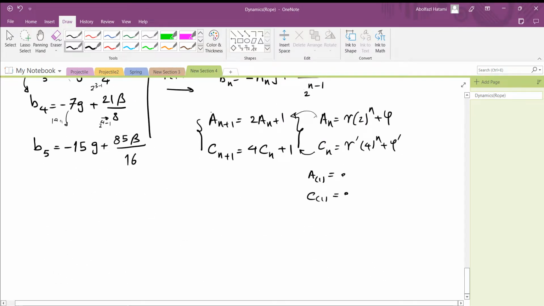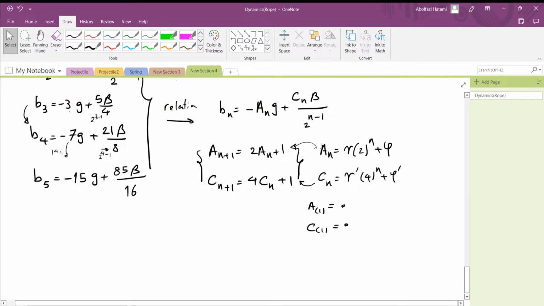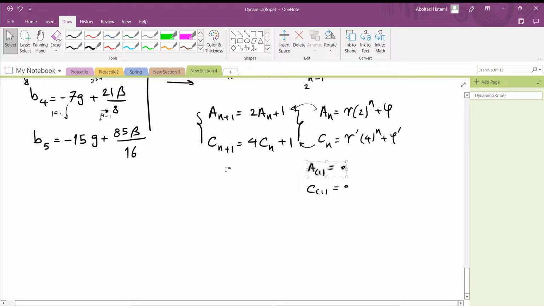We need two equations to find gamma and phi, because we have two unknowns that we want to find. So the first equation is obtained by substituting an into the recursive equation to find one constant, and we use the initial condition to find the second constant, and we do the same for c.